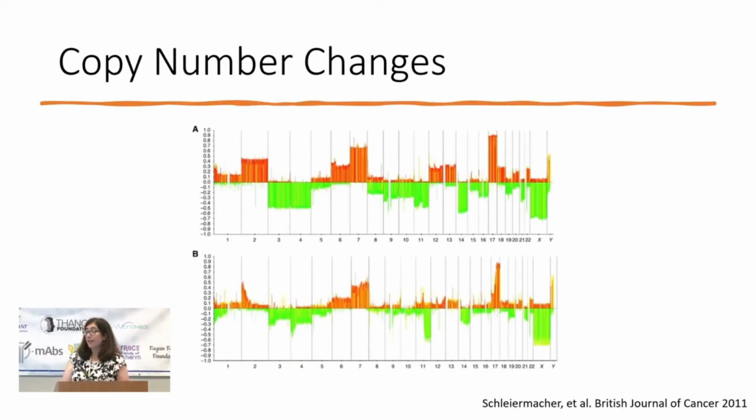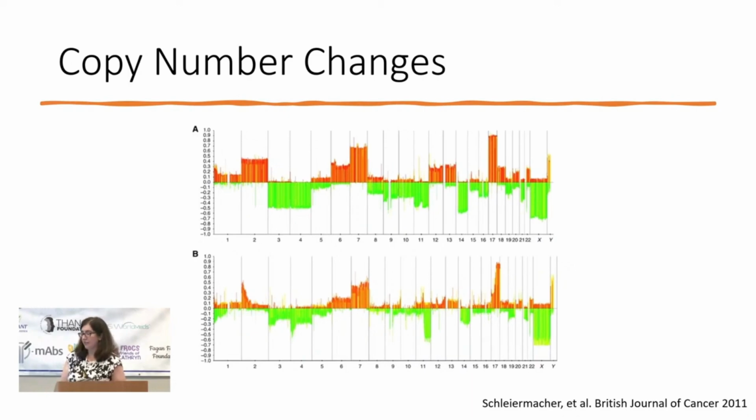So switching gears a little bit to something that is more common in neuroblastoma tumors, and this is what we call copy number changes, changes in the amount of DNA that we have. So I have two different figures here from work that was published back in 2011 by Dr. Schleiermacher that looks at different ways that the chromosome numbers can be altered.